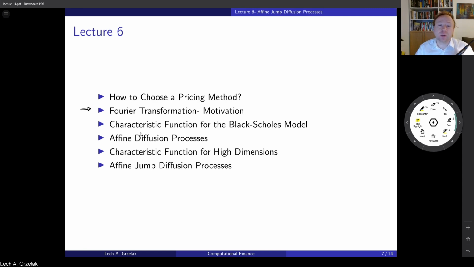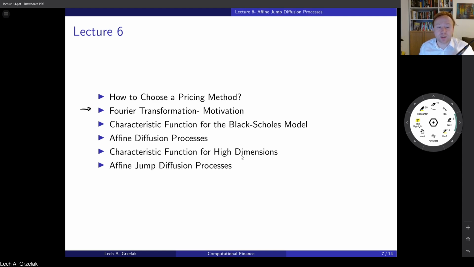And overall, in this lecture, we concentrated on the conditions that models or stochastic differential equations need to satisfy, such that the model is able to be used within the affine models and within the Fourier transformation. So in this lecture, you can consider we defined the main conditions that stochastic differential equations need to satisfy, such that we can use those models in a fast calibration to European type of options.